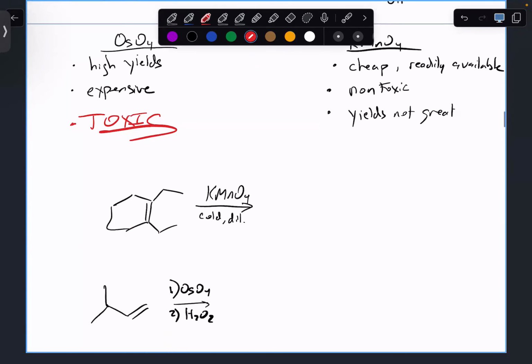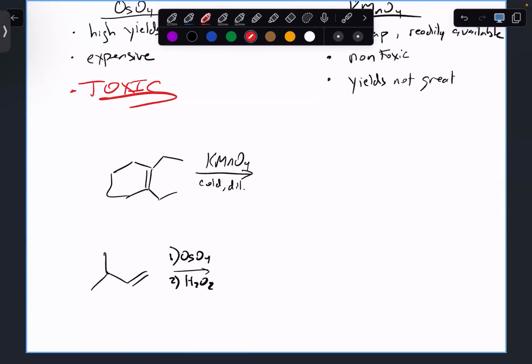Okay, so what about these guys? Could you predict the products of these two reactions? Pretty straightforward with these syn dihydroxylations. You just have to stick an OH group on both double bond carbons and make sure that the OHs are going in the same direction as each other.